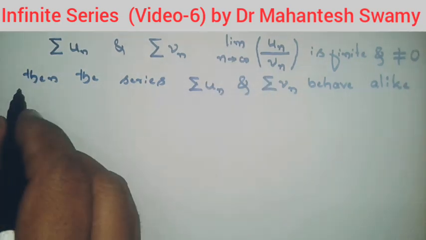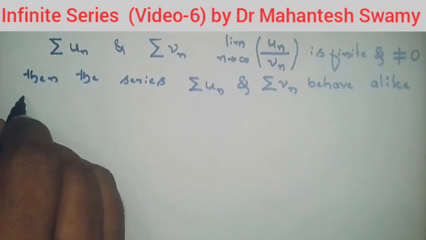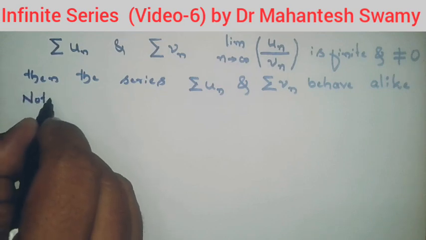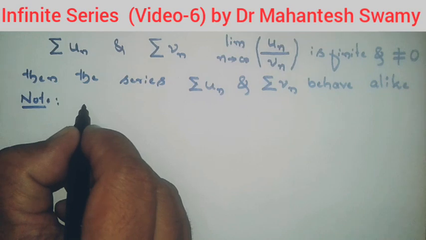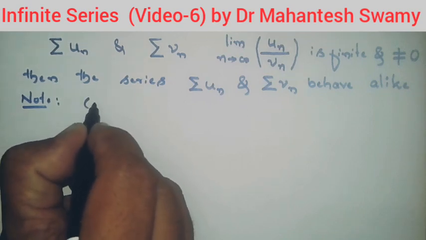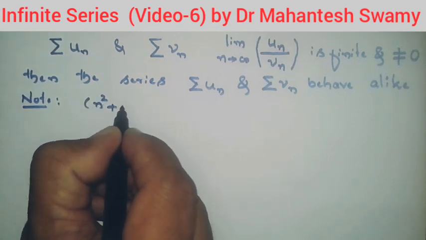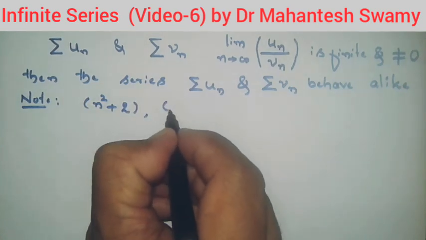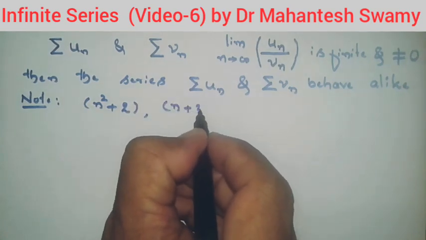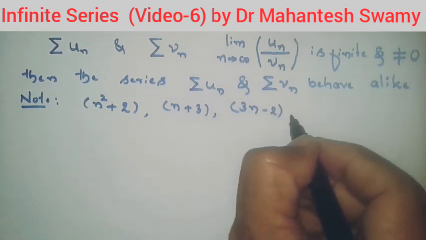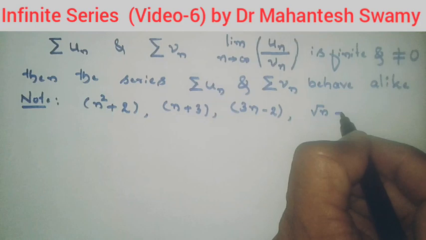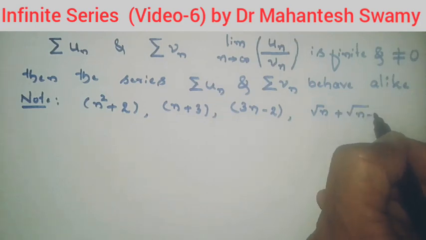Now we shall have some important remarks regarding this comparison test. This test is preferred when the nth term of the given series involves terms like n square plus 2, n plus 3, 3n minus 2, square root of n plus square root of n minus 1.